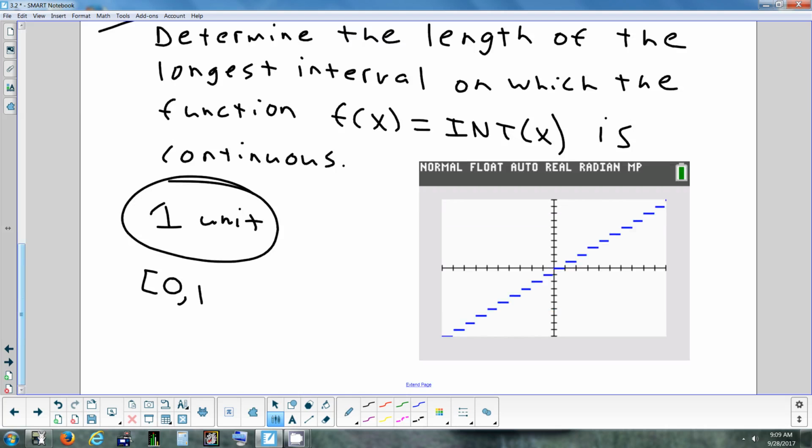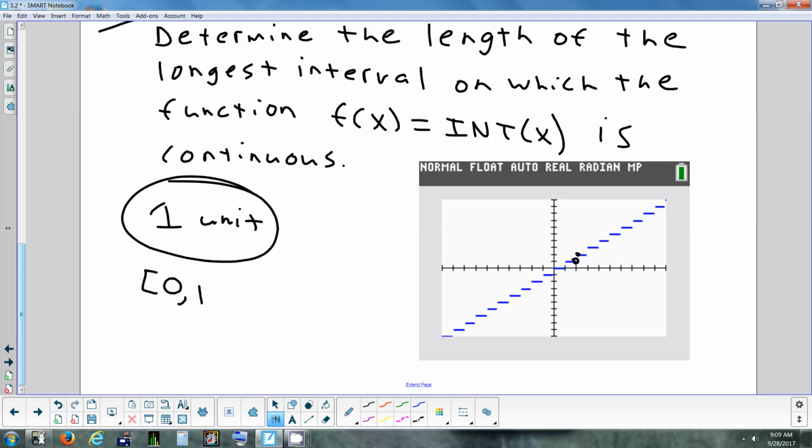Nope, 1. It's the greatest integer that's less than or equal to 2. 2. Yeah, it's equal. So when you're at 2, you're not here. You are here. Right? So when you get to 2, that's when it jumps up.